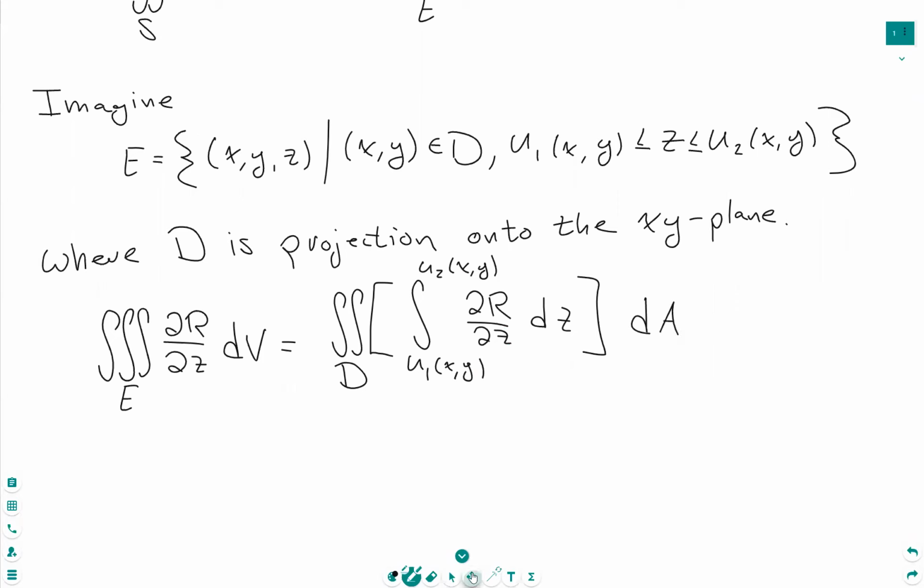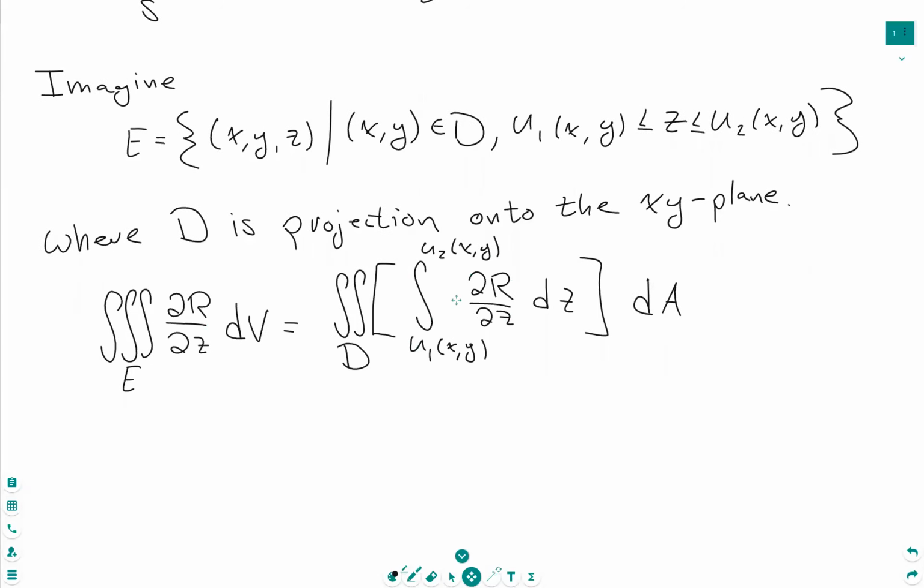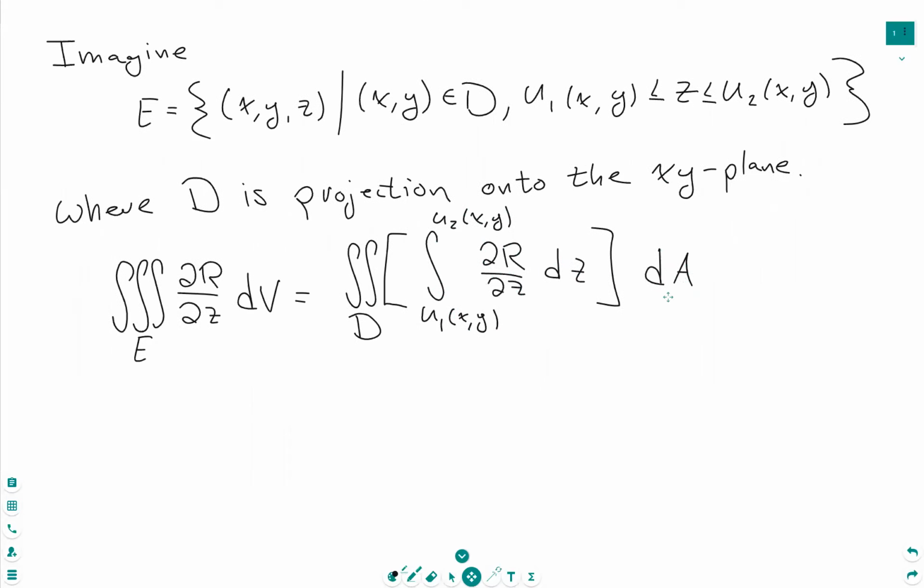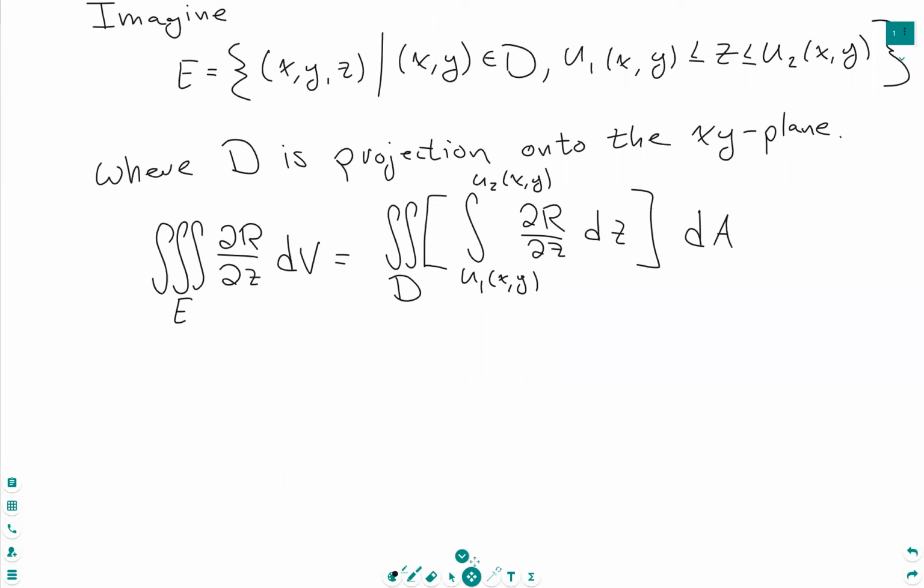So this is basically how we constructed the volume integrals in the first place, right? We have some volume, we project it down to some coordinate plane, and we do the direction that we're going in for the projection first, right? So we're projecting to the xy plane, so we have our z integral first, and then we just do some area integral.